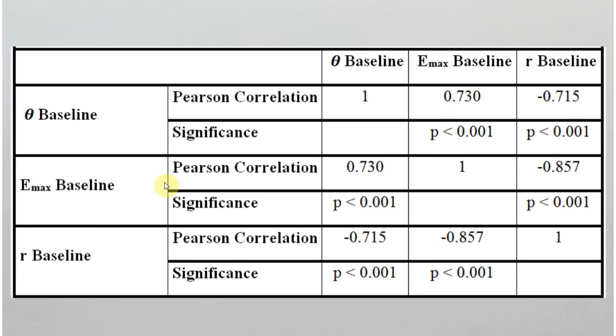It does. So you see Pearson correlation constants here. Emax at baseline is related to theta at baseline. That means if I eat really fast at the beginning of my meal, I am maximally going to eat more. That is interesting.